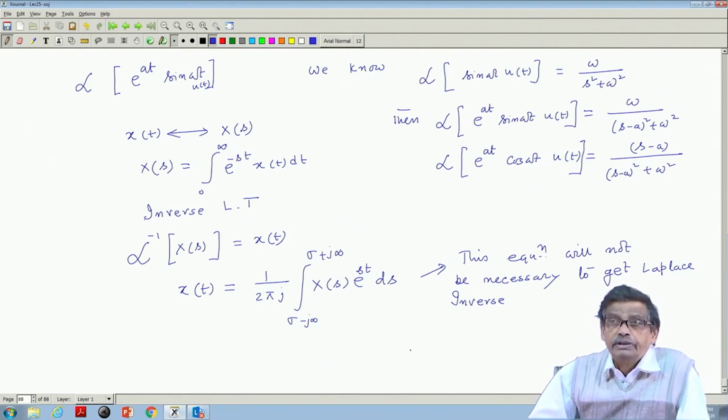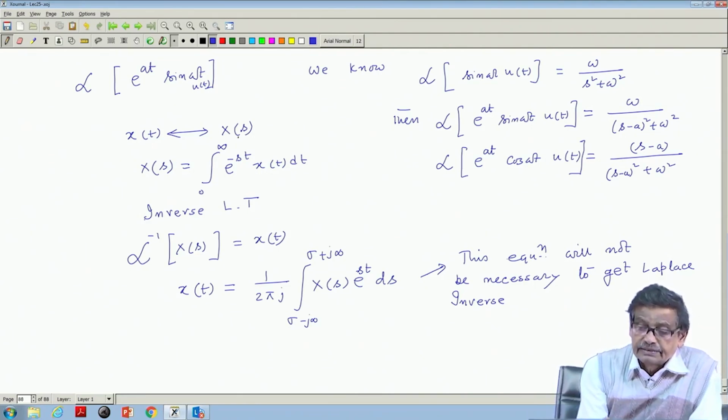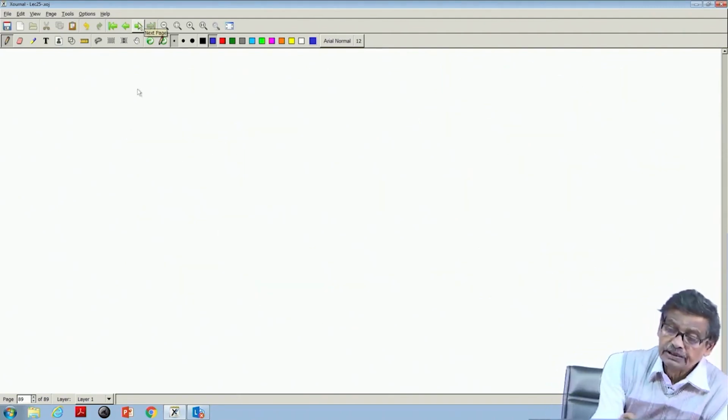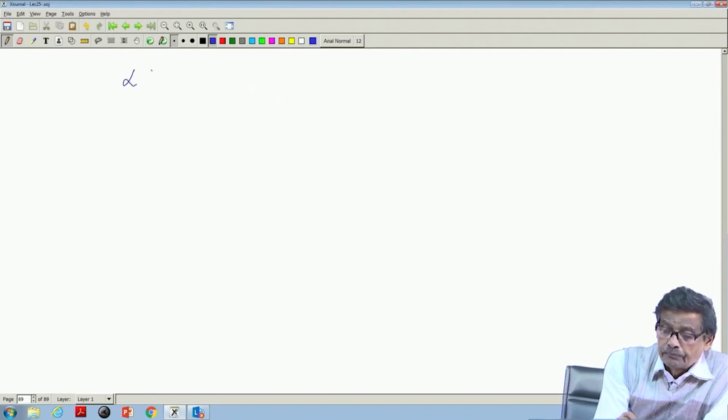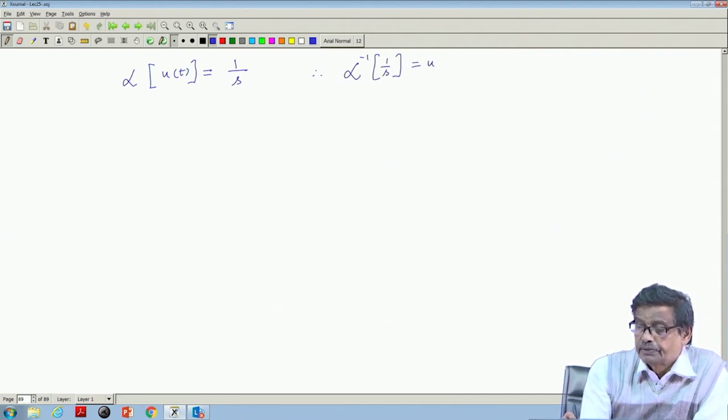Instead, what people do is this: for some standard functions x t and x s, for example, we have seen that the Laplace transform of the unit step is equal to 1 over s. Then I have to remember this table, which I have already evaluated. So, I will say the Laplace inverse of 1 by s is equal to the unit step.